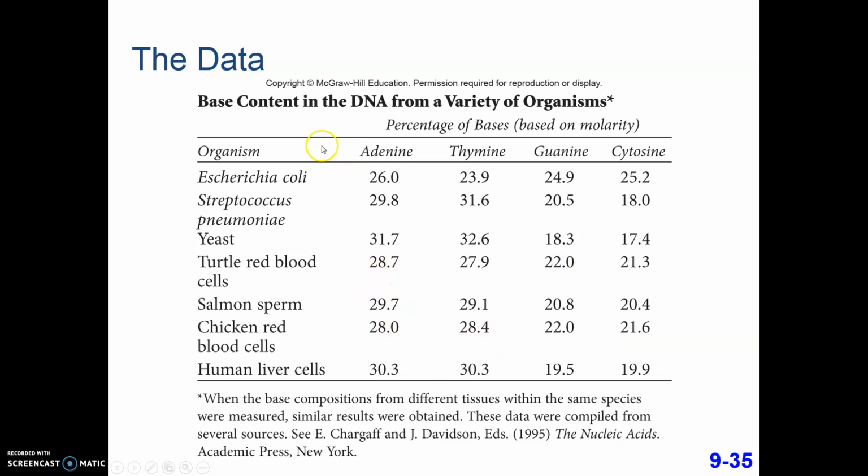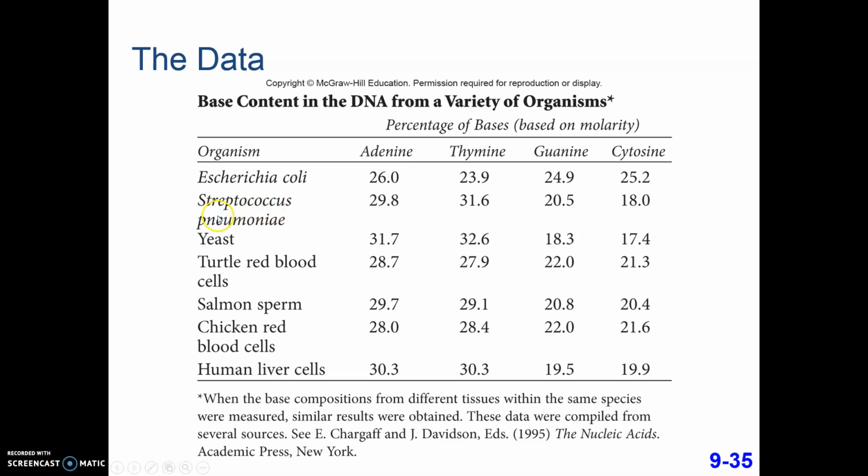So if you did this for E. coli, you would notice that you have largely about 25% of all of them, right? And that doesn't tell you much. It just seems to enforce the idea that all of the bases occur equally. But if you start looking at different species, you'll start to see different patterns evolving.